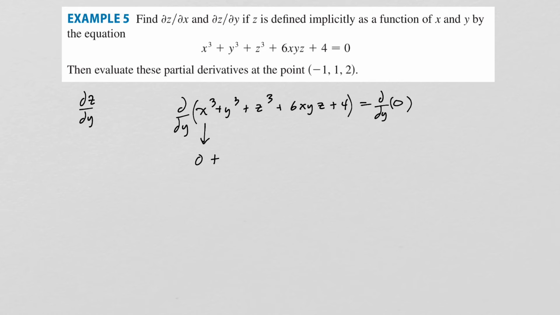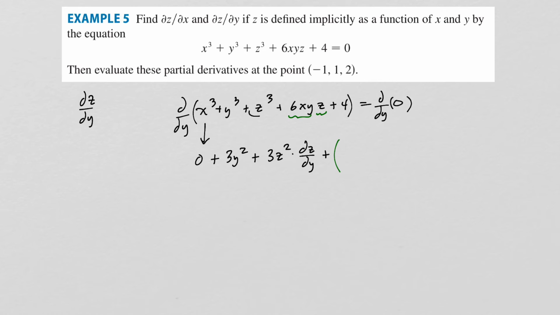Partial derivative of y cubed with respect to y is 3y squared. Derivative of z cubed with respect to y. Now remember, z is a function of y now because we're taking the derivative with respect to y. So this is going to be 3z squared times partial z partial y plus, here we do the same thing as before. So for this one, I'm going to think of 6xy as being one function and z as being the other function, and we're going to use the product rule.